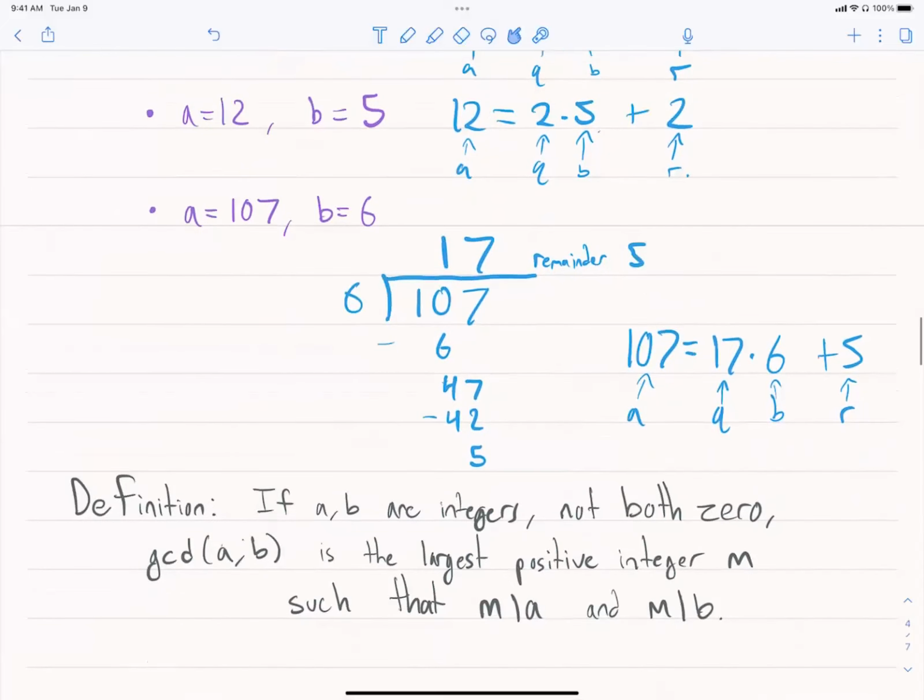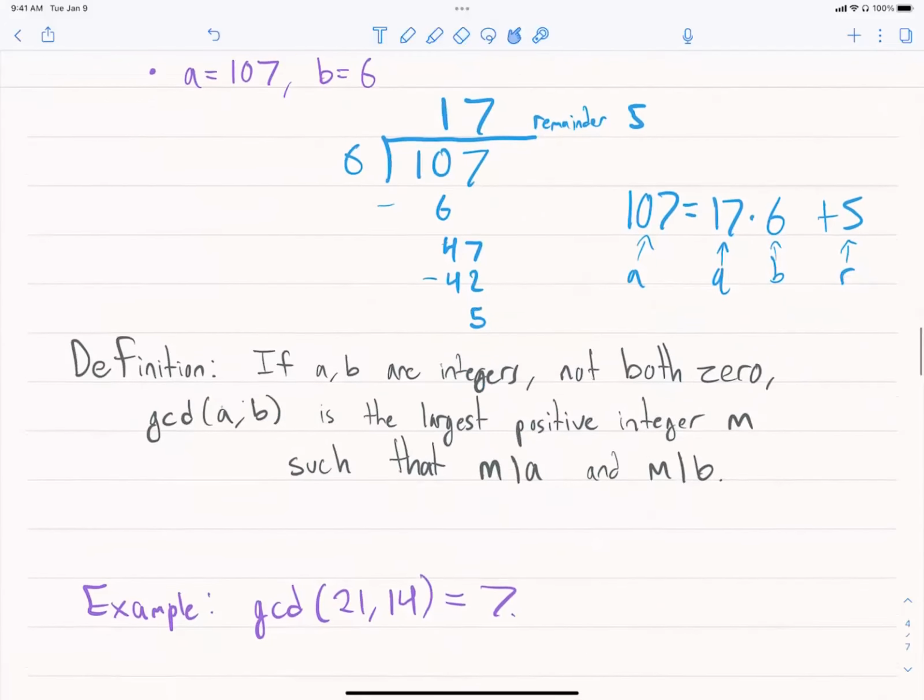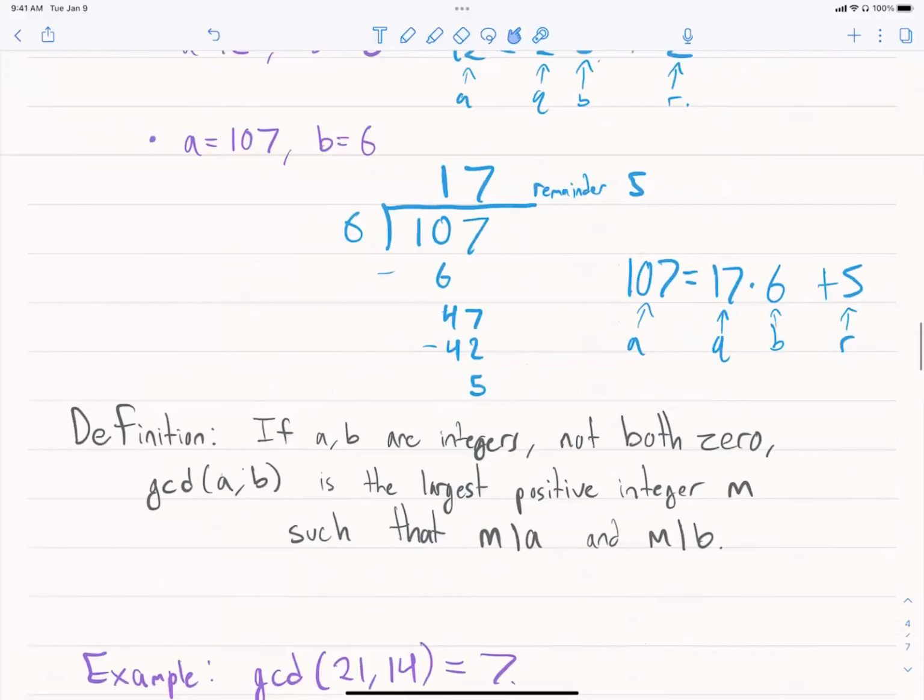We're going to use that in a second to compute greatest common divisors.